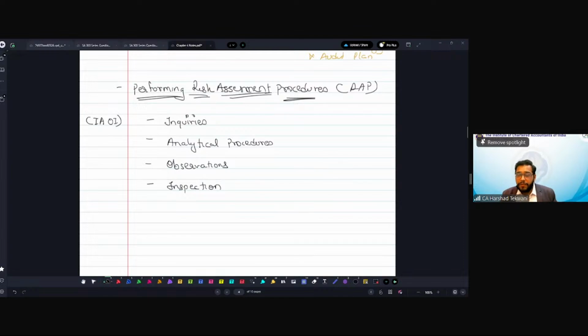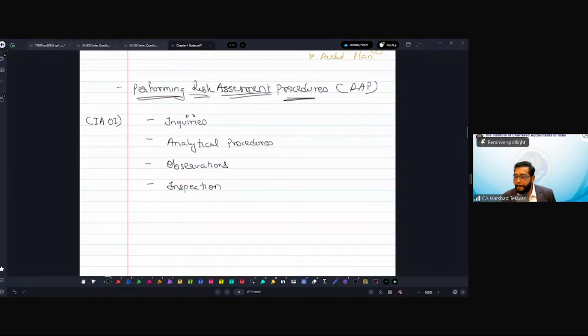There could be a chance of collusion at the factory level. Are you understanding? So in this way, just by making inquiries, by asking questions, I can understand a lot of things about a company and a process, and on the basis of that, I can identify areas where I need to perform the rest of the procedures like analytical procedures, observation, and inspection, to understand further the risk which is there in the process.